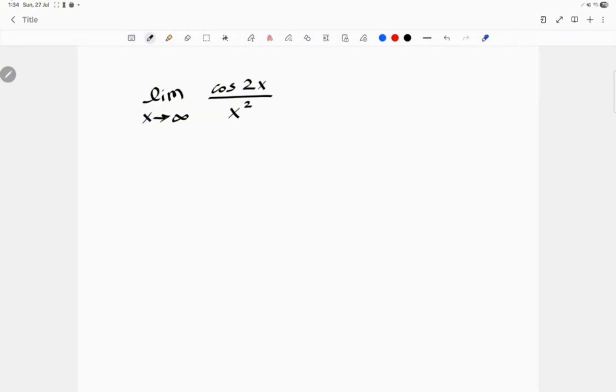Shall we just ask the calculator what cosine infinity is? Try using this calculator here. Just put cosine of a million and let's see how much you get.